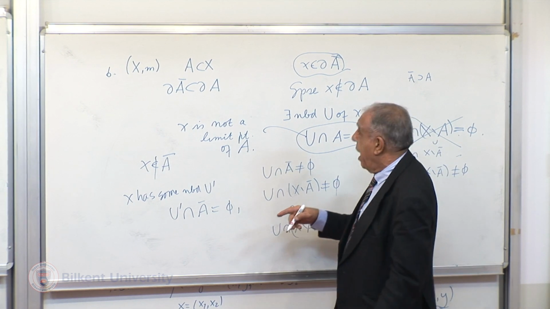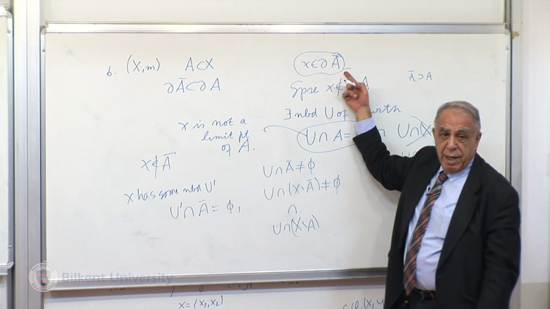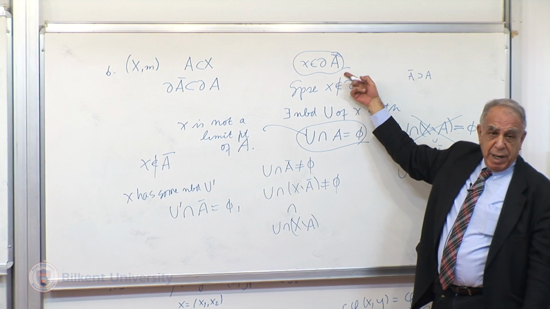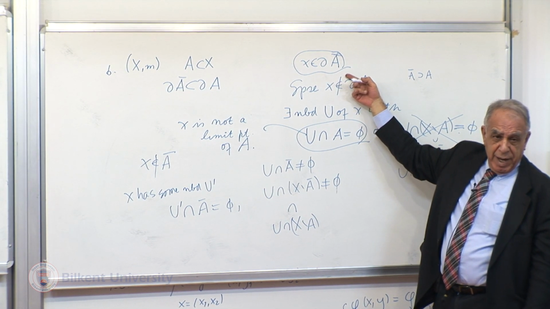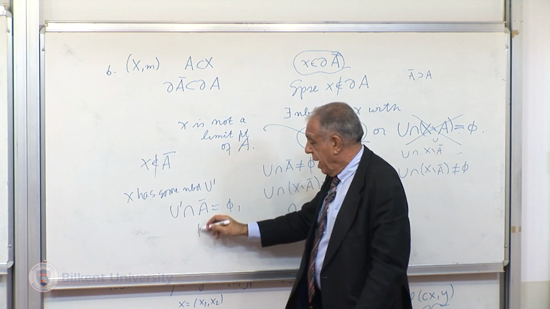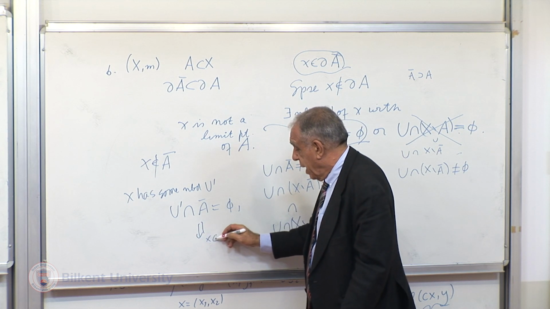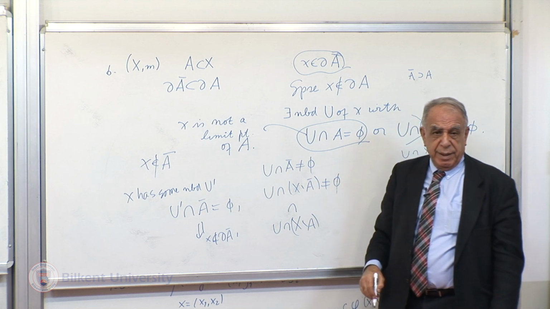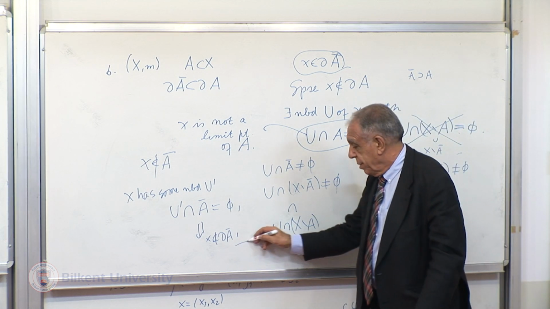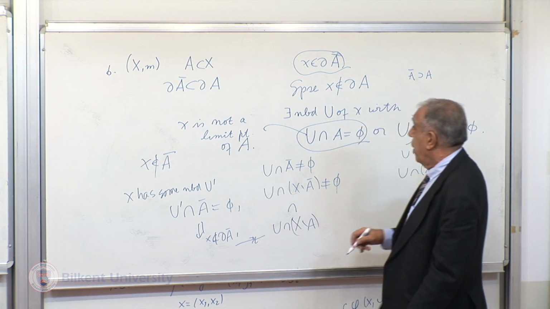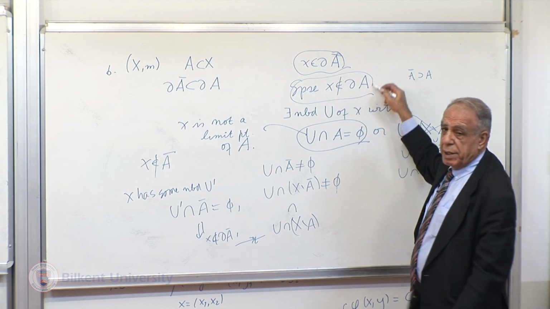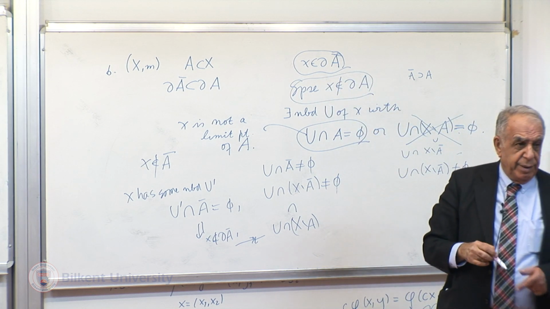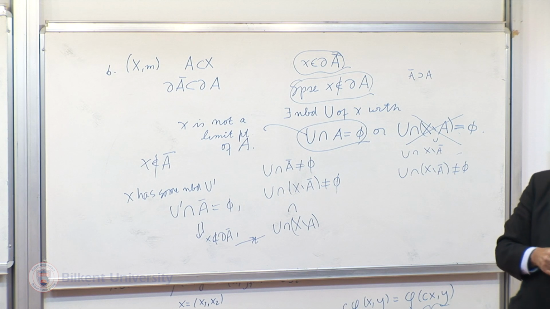But then how can x be in the boundary of A closure, a boundary point of A closure? So this implies x is not a boundary point of A closure. Contradiction. So this supposition must be false. Okay?